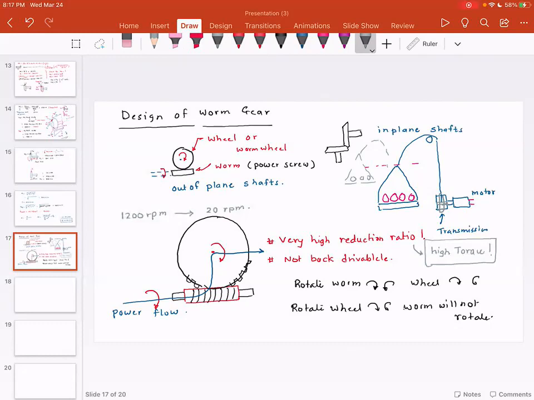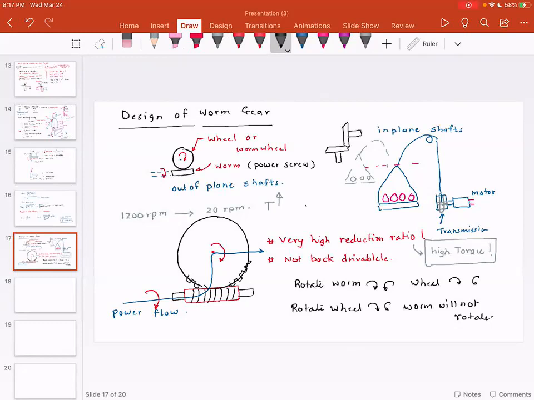Now recognize, with this significant reduction, you will get huge torque. Torque at the output is going to be significant. Speed would be less, but the torque would be significant.